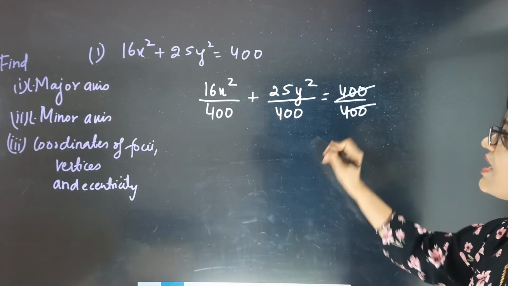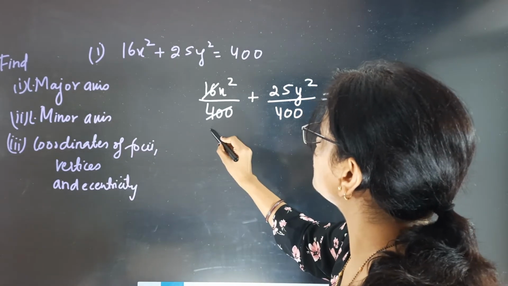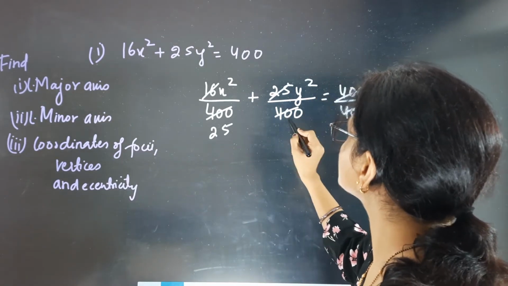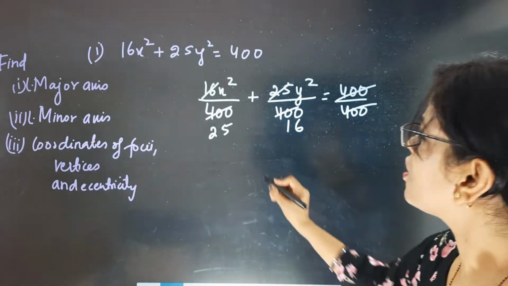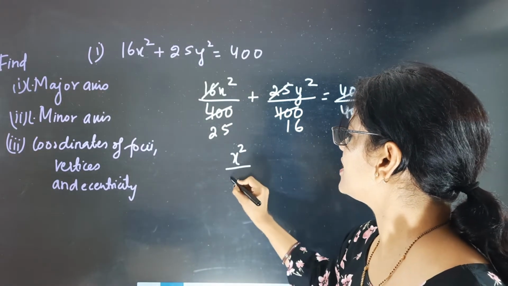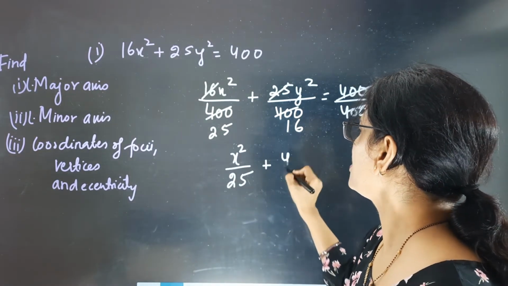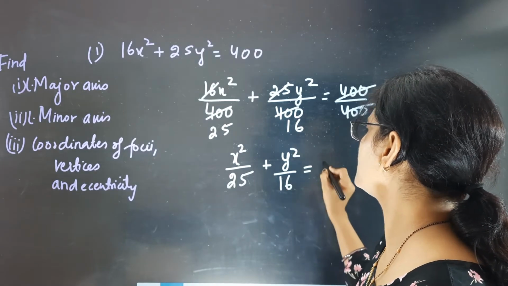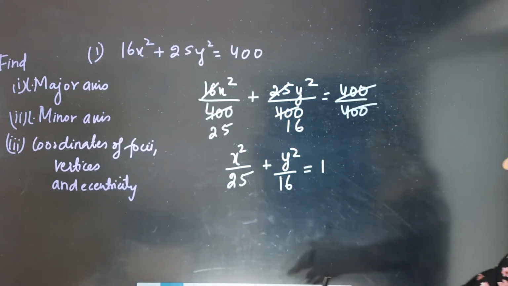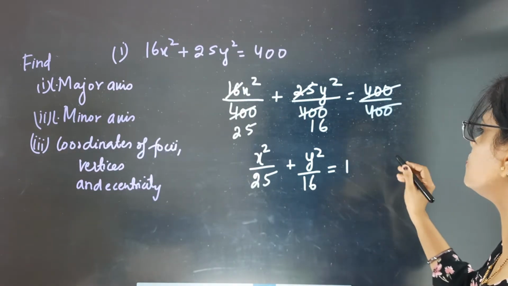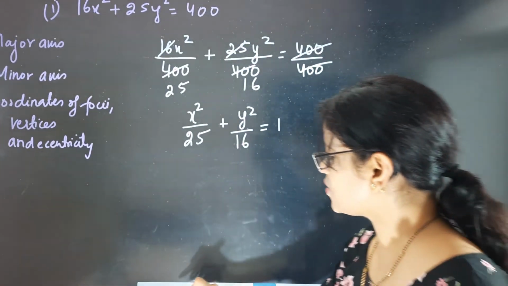After cancelling, it comes as 25 and 16. So the required equation of the ellipse is x square by 25 plus y square by 16 equal to 1.